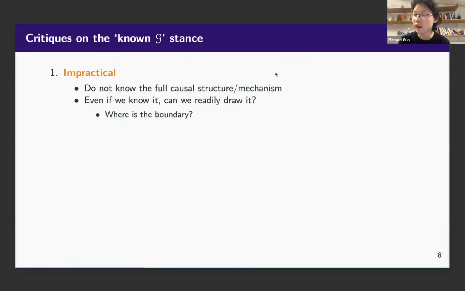Firstly, where do we set the boundary of the canvas? You can always add more vertices to the graph and you don't know where to stop. Some people would argue you want to include common causes, but common causes are still common causes. You could imagine going to the origin of the universe, and that would be way too many vertices to draw.